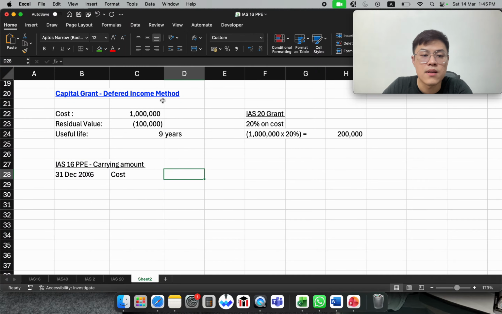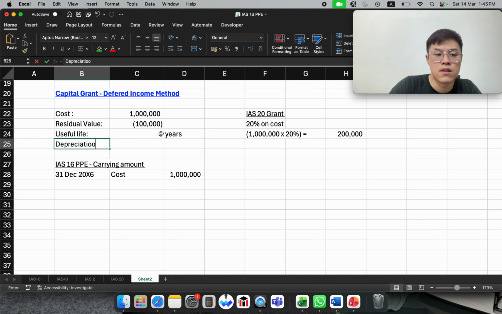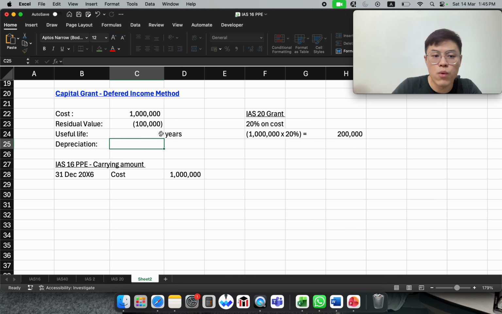The cost here is still 1 million, and the depreciation here won't change. We won't minus the grant on this cost. We will use 1 million minus 100k and divided by 9 years.